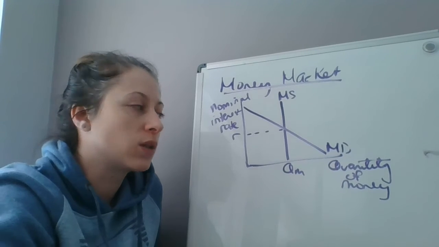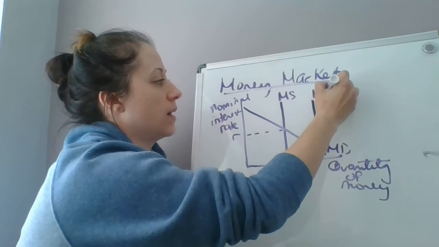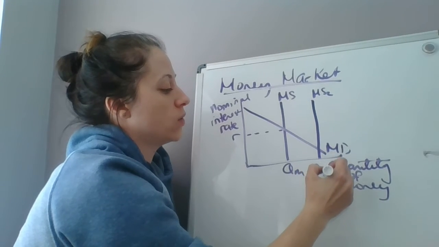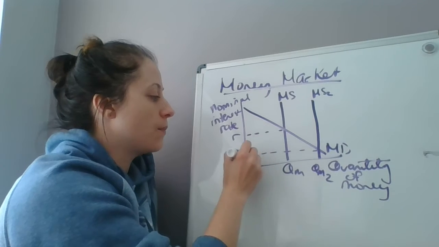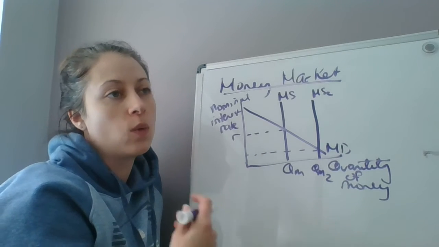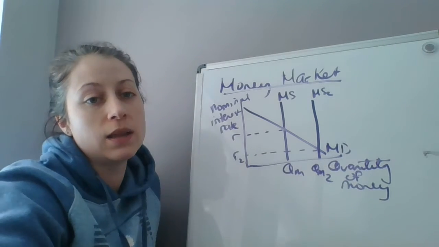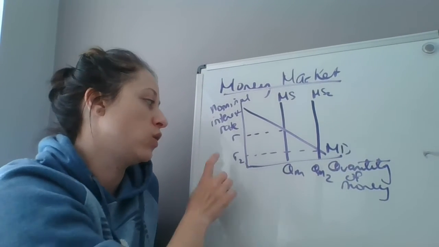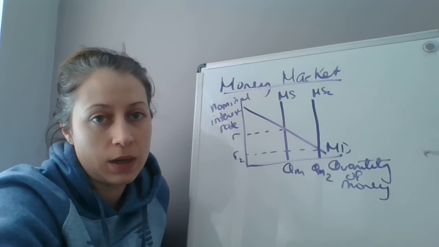Well, the only way to really lower interest rates is by expanding the money supply. And they would choose to expand that money supply more often than not by buying bonds in order to pump money into the banks so that the banks can then lend that money out.